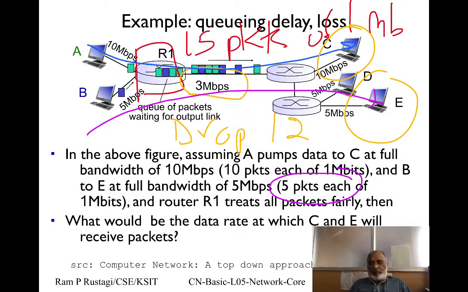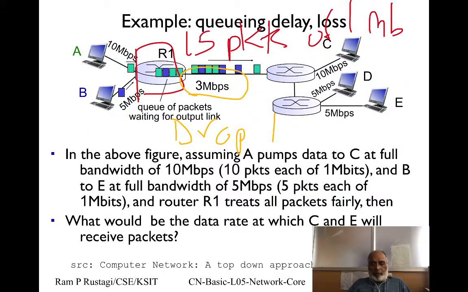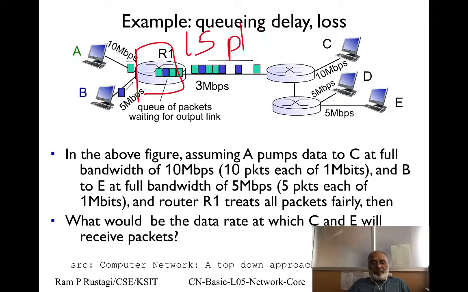Assuming you worked out the answer, let's look at what really happens. Router R1 is receiving 15 packets per second, as we discussed, but it can transmit only 3.